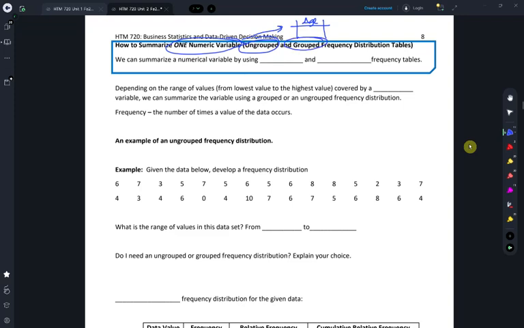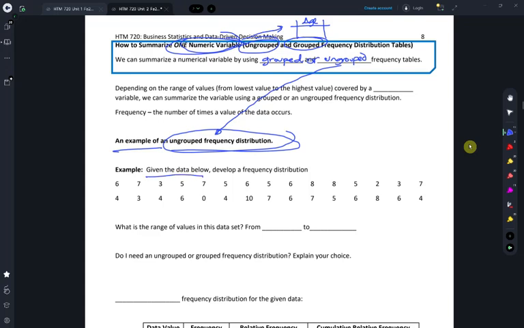So to start with, we summarize a numerical variable using either a grouped or ungrouped frequency table. Here is an example of when to use an ungrouped frequency distribution.